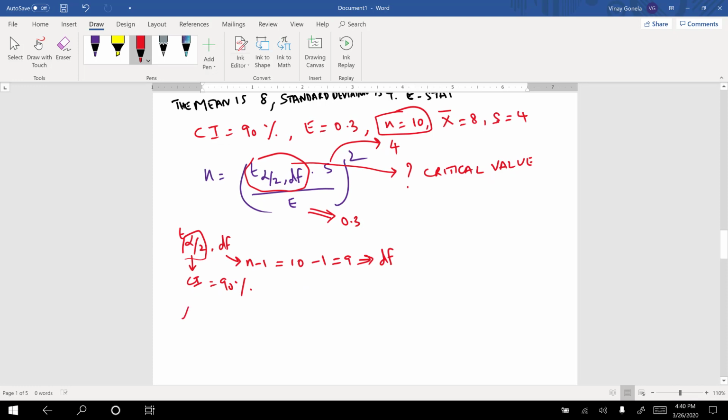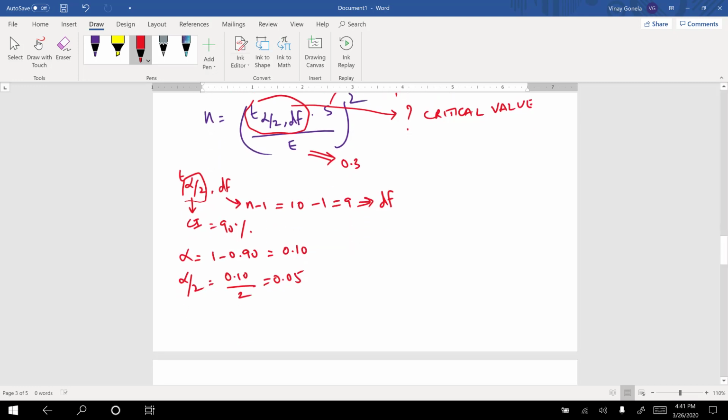Alpha is 1 minus 0.90, that is 0.10. Alpha over 2 is 0.10 over 2, that is 0.05. So we are looking for T alpha over 2 degree of freedom, that is T 0.05 with degree of freedom 9.